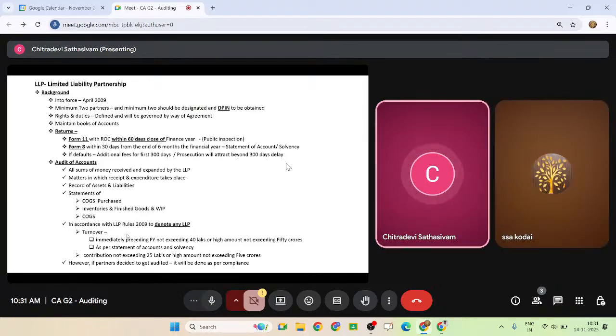When they talk about turnover, it is in 40 lakhs or sometimes an amount not exceeding 50 crores. So the maximum bracket is 50 crores in the case of turnover. Not only that, the statement of accounts and the solvency should be in good condition. And in addition, for the contribution, not exceeding 25 lakhs or a higher amount not exceeding 5 crores.